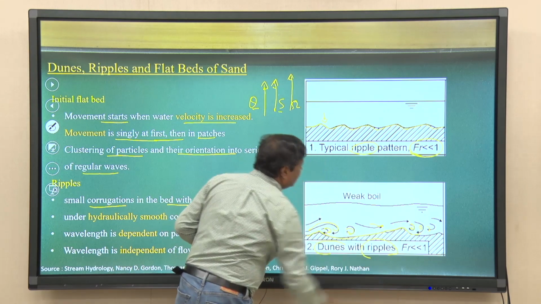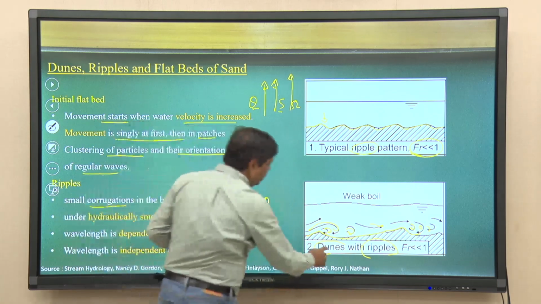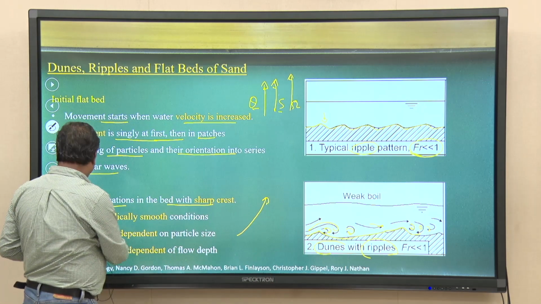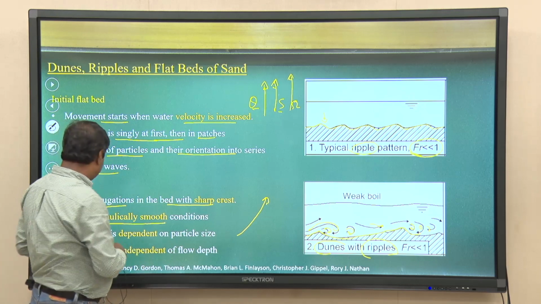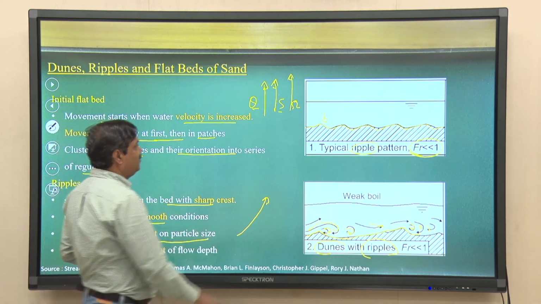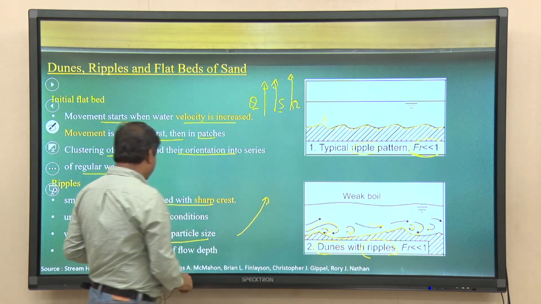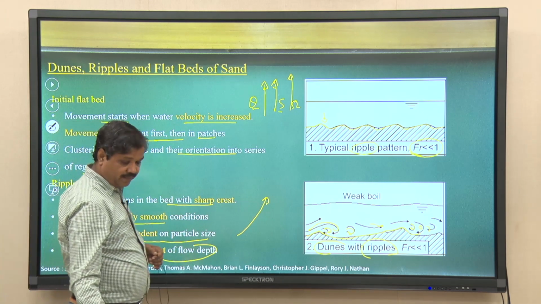On the back side of the dunes, eddy formations will be there. The ripples occur under hydraulically smooth conditions, and their wavelength depends upon the particle size. In the ripple case, the wavelength depends on particle size, independent of the flow depth.